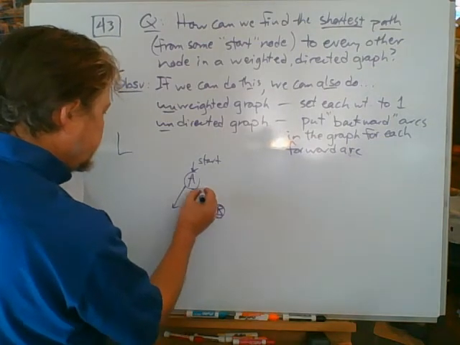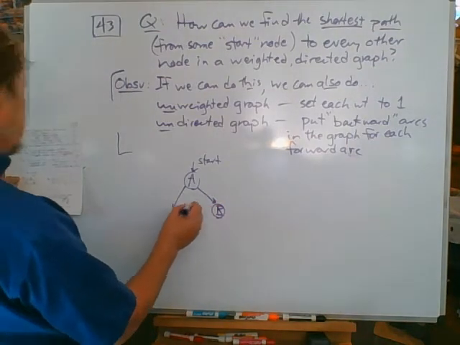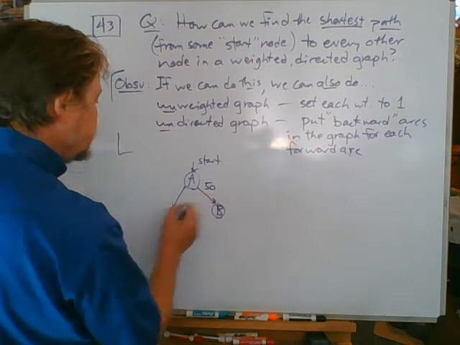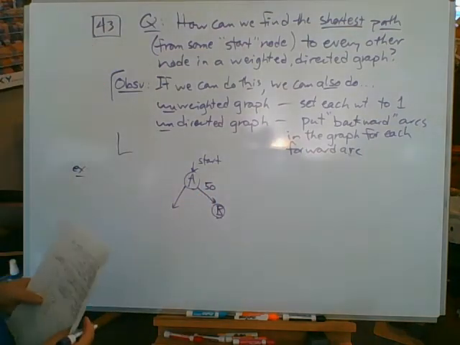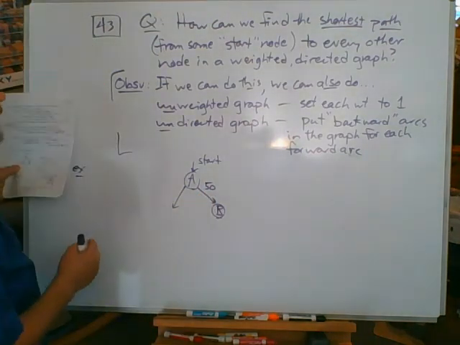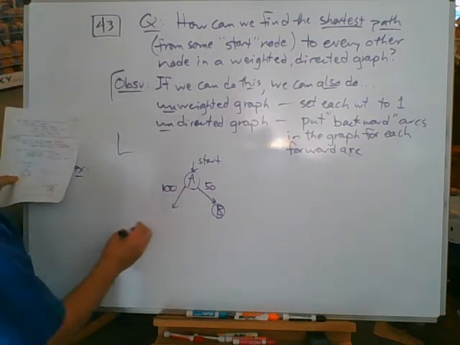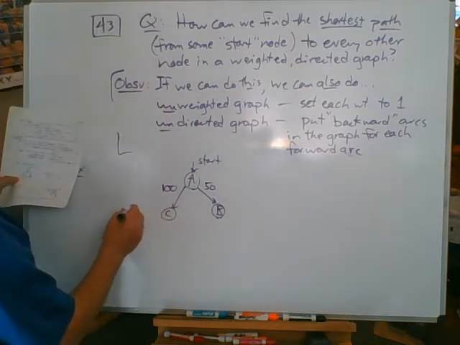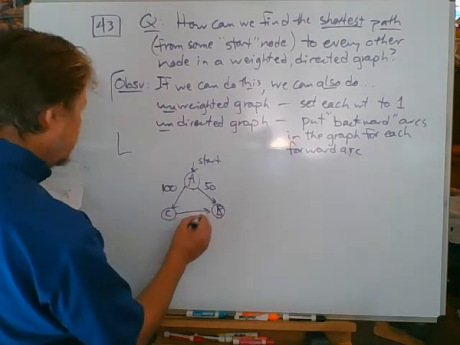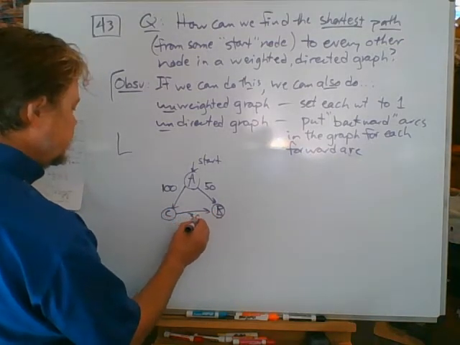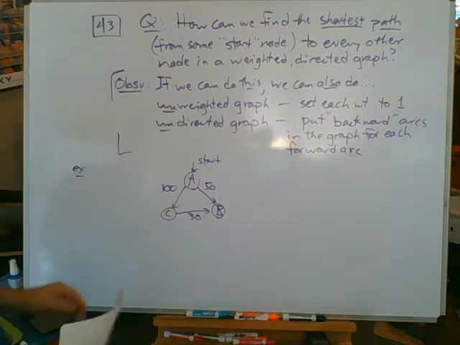I'm going to try to match my picture so I don't confuse myself. B is distance or cost or whatever, 50 away from A. 50 units, 50 generic units away from A. With 100 units, a distance of 100, I could go to node C, and 30, I can go from C to B. There. First of all, does that fit the bill?